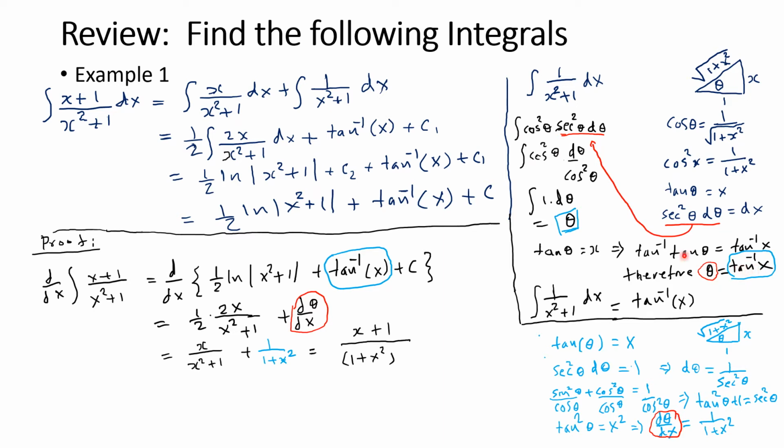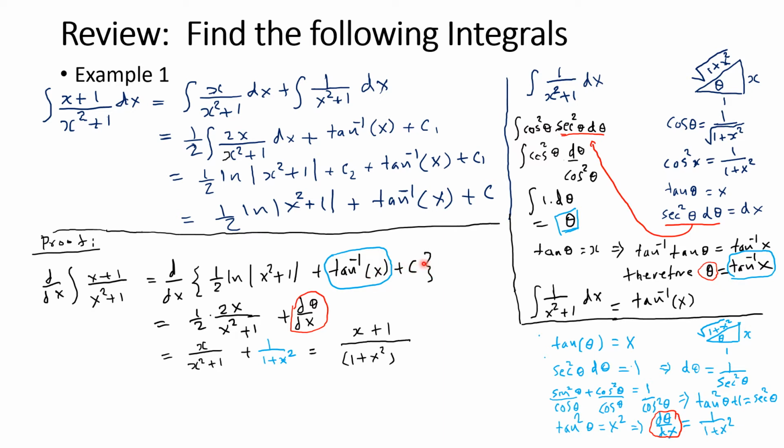One more time: the integral is theta, but theta we proved equal to tan inverse of x. So our integral will give us tan inverse of x plus a constant.